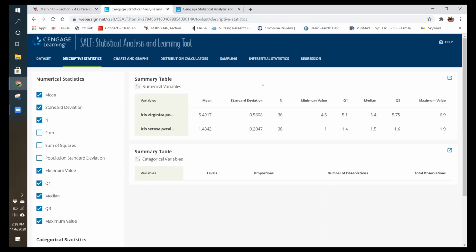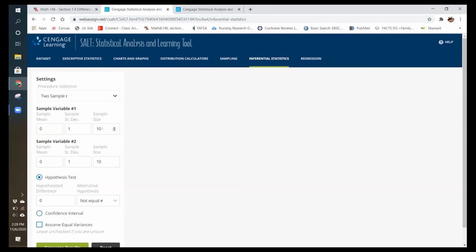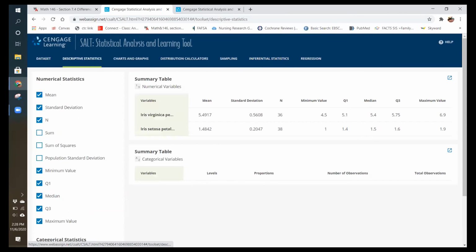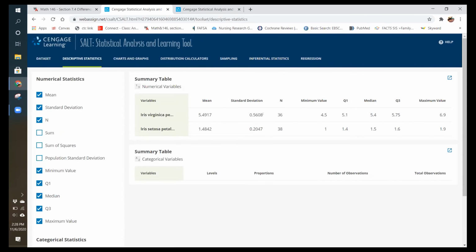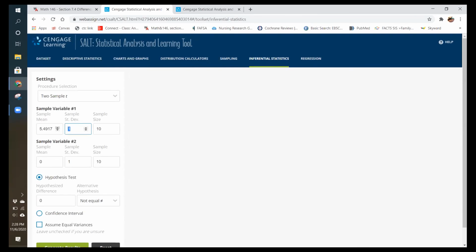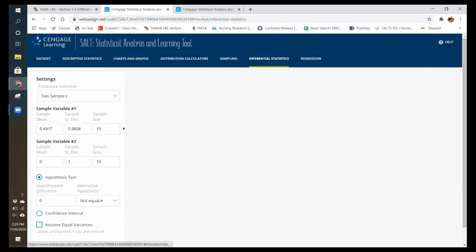Okay, so you go over here and you change this to 2 sample T, and then you start putting your numbers in. You take the mean for this one. Uh, 36.